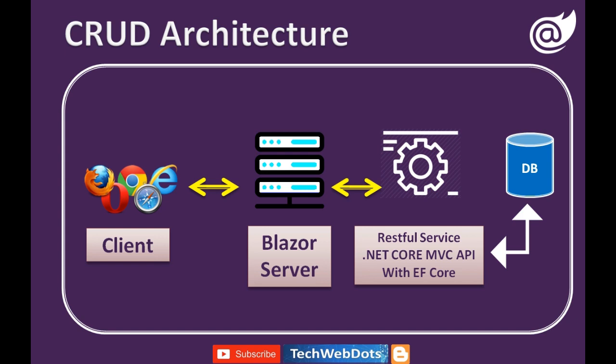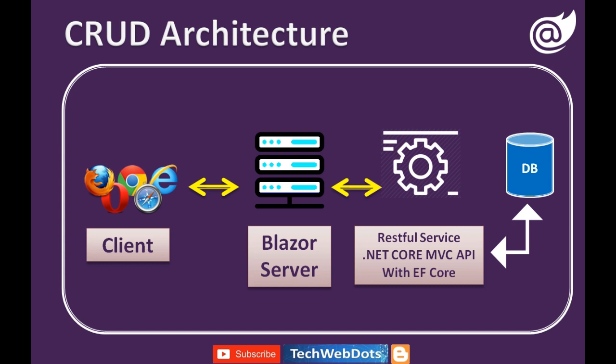Another important factor of this architecture is that if we want to change the application type from the web server template to the WebAssembly template, we can do it with minor changes. If we are not using this .NET Core MVC API RESTful service, Blazor communicates directly with the DB through Entity Framework Core, and that will not be flexible enough to convert the application from web server to WebAssembly.